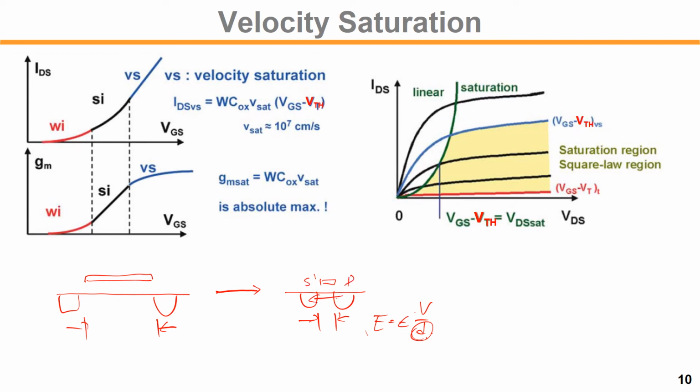But consider the velocity in the inversion layer, where electrons move across the channel.